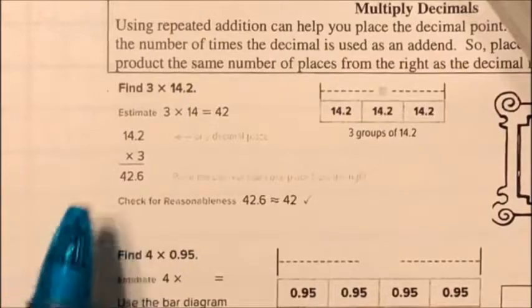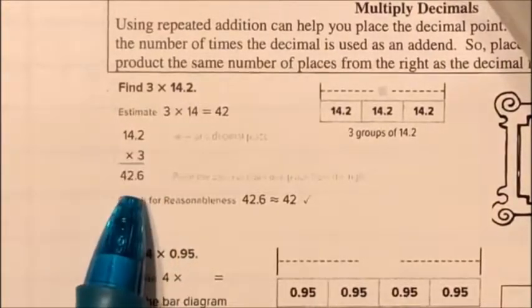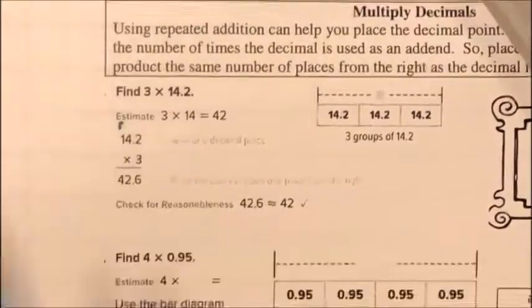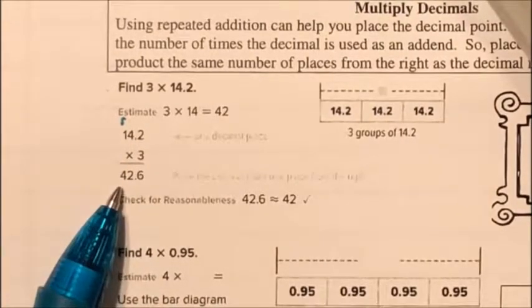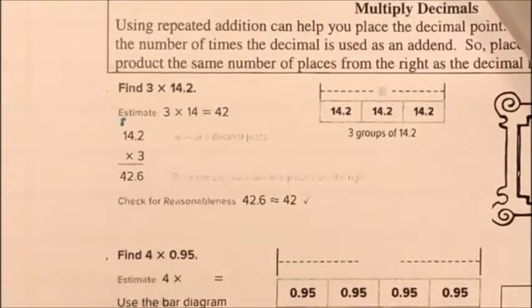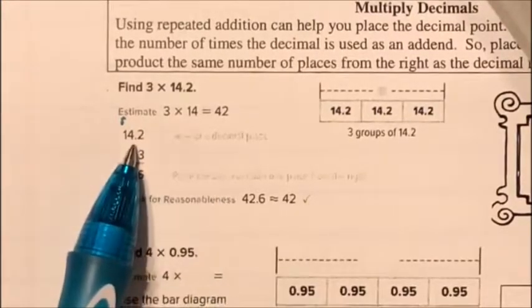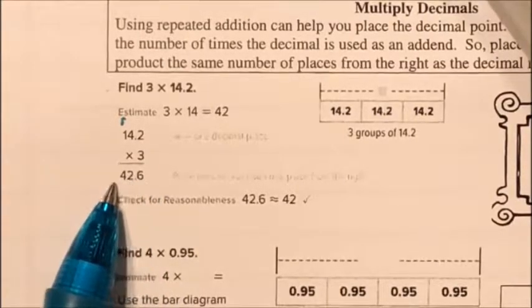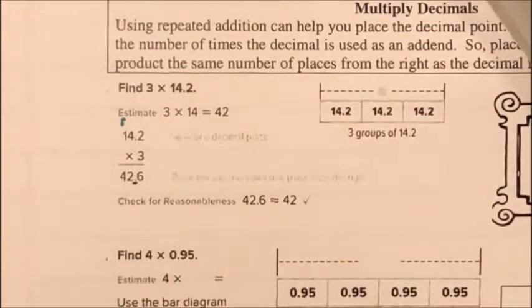When I multiply, 3 times 2 gives me 6, 3 times 4 gives me 12, and I carry the 1. 3 times 1 is 3, plus 1 gives me 4, so I get 426. But then I have to place the decimal. There's one decimal spot, so I move it 1 over. So I get 42.6. That's where the decimal is, okay?